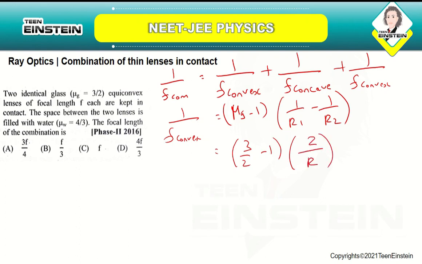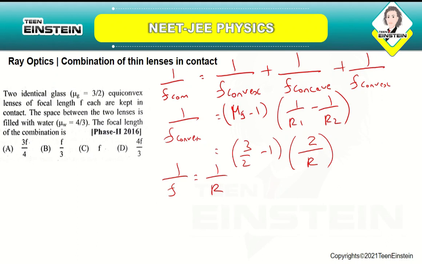Okay, because 1 by r1 is 1 by r, and the other term will be minus of minus 1 by r. So, it will become 2 by r. Okay. Now, if you solve this, you will be getting the value of 1 by f is equal to 1 by r. So, this was the same scenario like the previous problem. There we used glycerin, but here you are using water. Okay, that is the only difference.